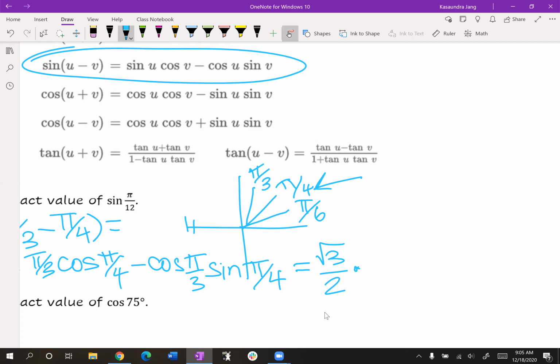The cosine at pi fourths is √2/2. And then minus cosine of pi thirds. Cosine at the pi thirds, the x value, is 1/2. So we did have to memorize our unit circle. Times the sine of pi fourths, which is √2/2.